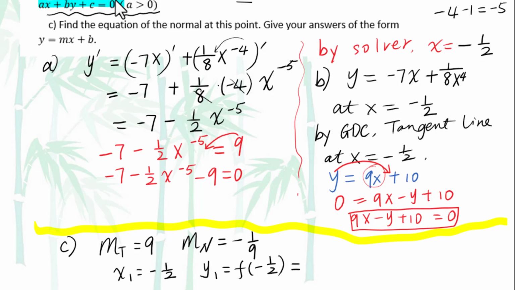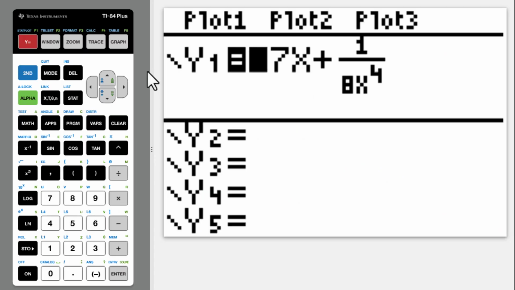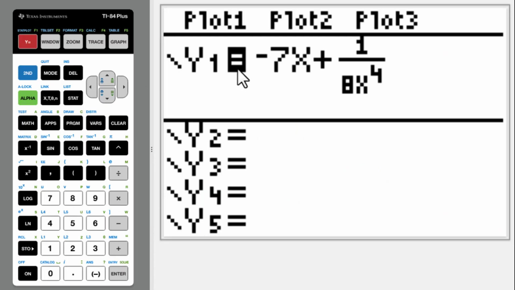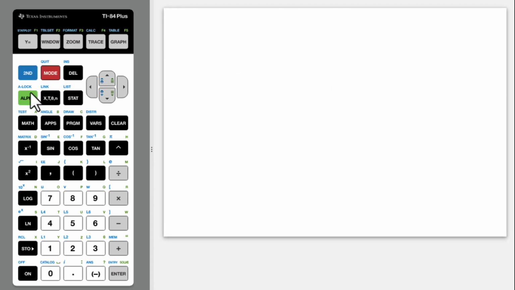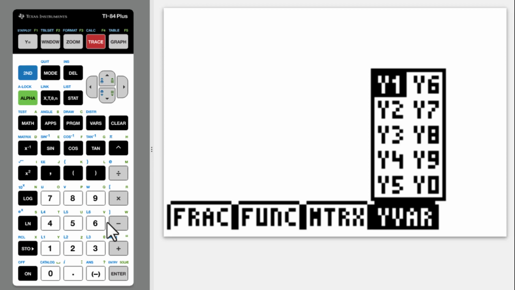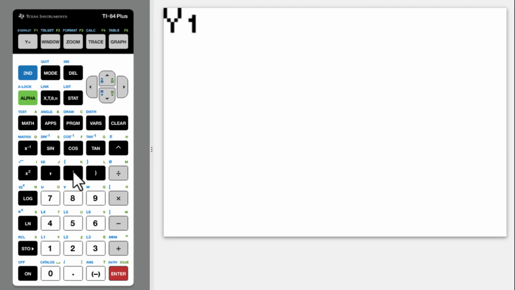equals. Go to calculator. Since we already put the function into y1, quit, alpha trace y1, parentheses, -1 divided by 2. Enter.